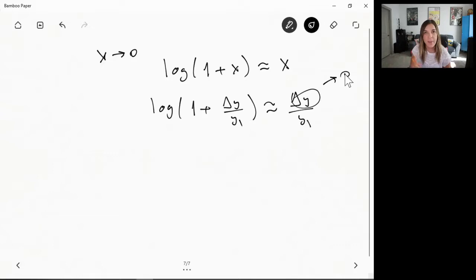As a rule of thumb, beta 1 needs to be equal to or less than 0.1, and then we can do that approximation. That's where this comes from.